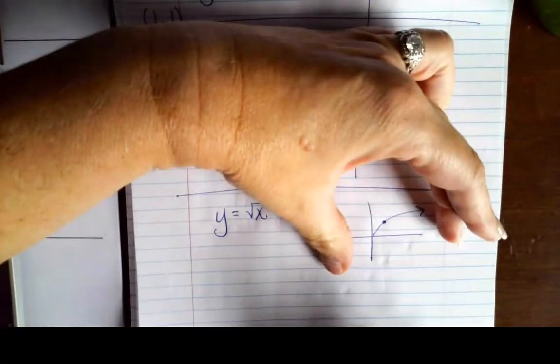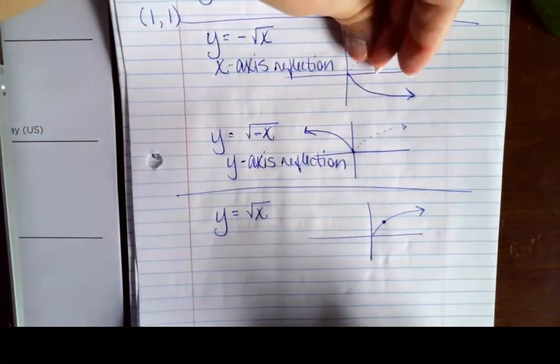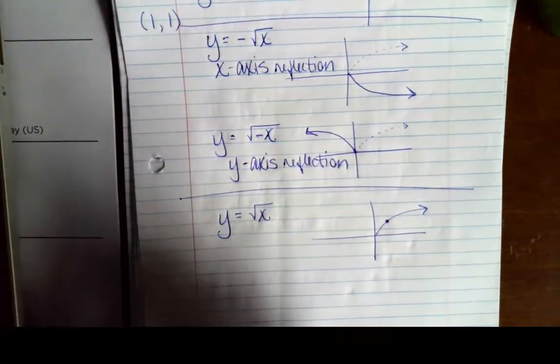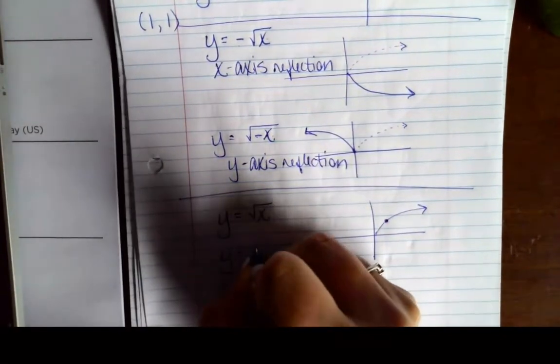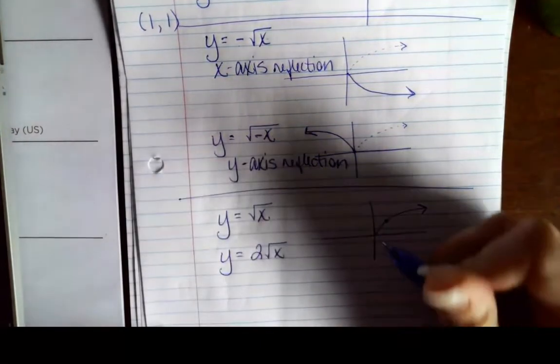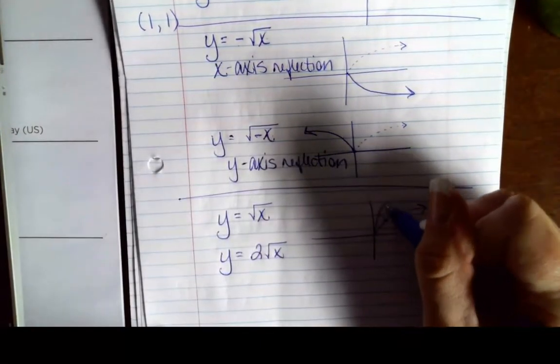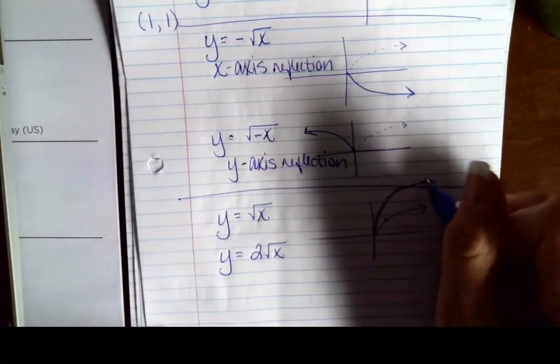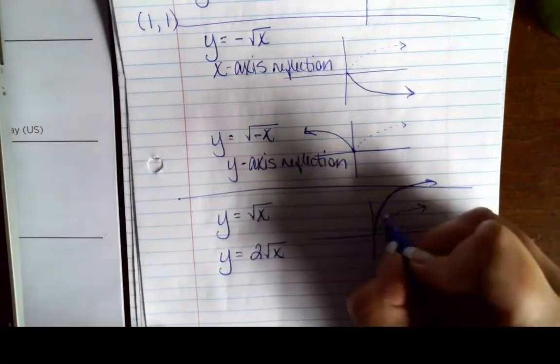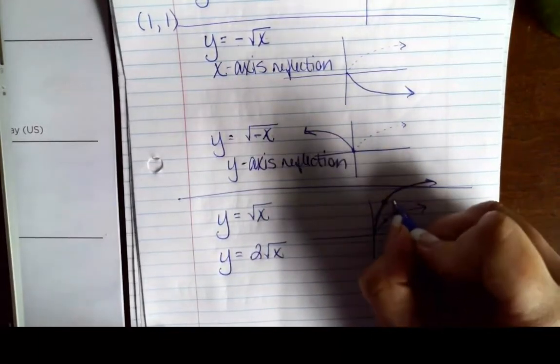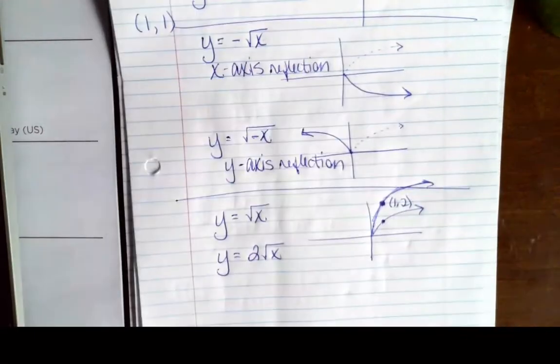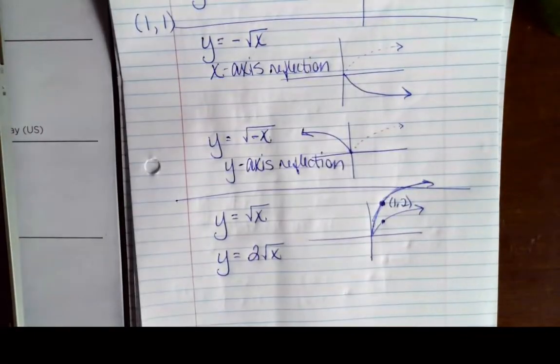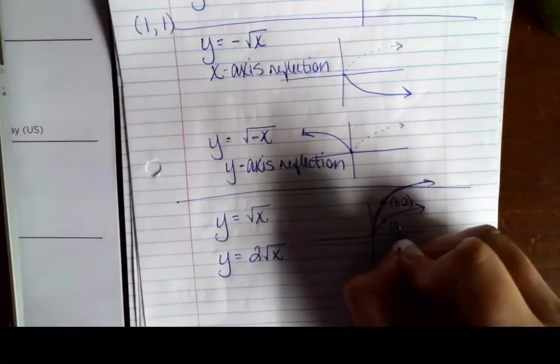Kind of like taking this thing and just pulling it up like a wad of gum, it's going to get taller and skinnier. So for instance, if I put 2 root x, that's going to make this thing go up taller this way. So notice instead of (1, 1), this is now going to be at (1, 2).